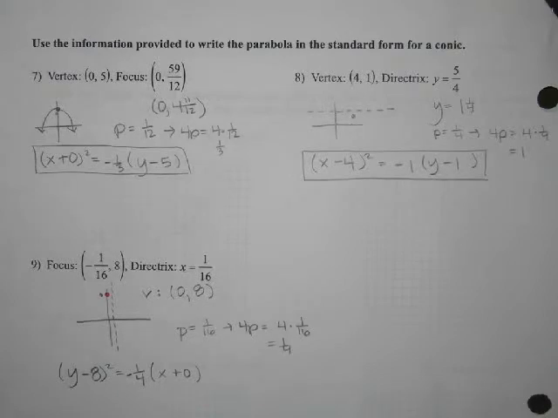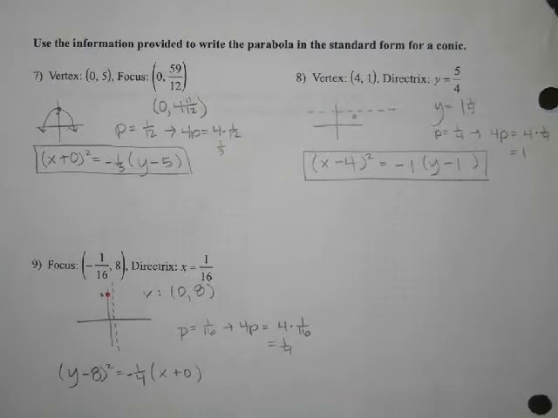The vertex. The vertex helps you figure out what numbers go in the parentheses. What else is important? Yeah, if it opens left, right, up, down, because that tells you which equation to use, right?